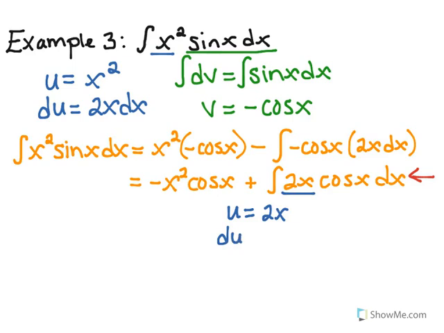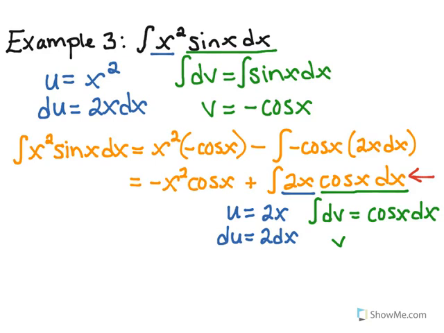So du is now going to be 2dx. dv is the remaining part, cosine x dx. So then v is the antiderivative of that, which is sine x.